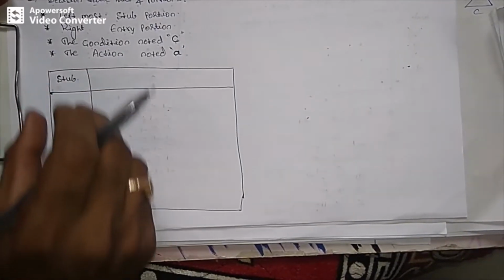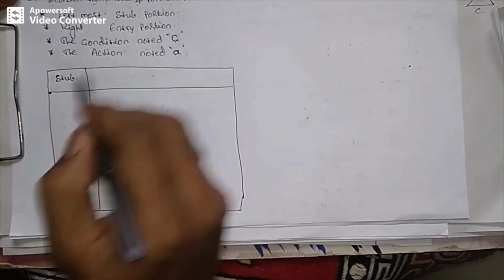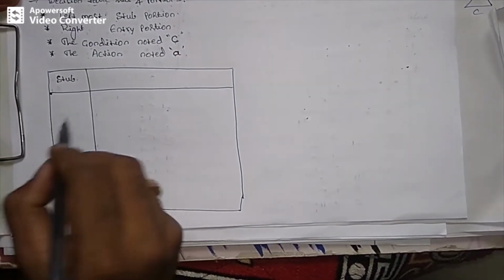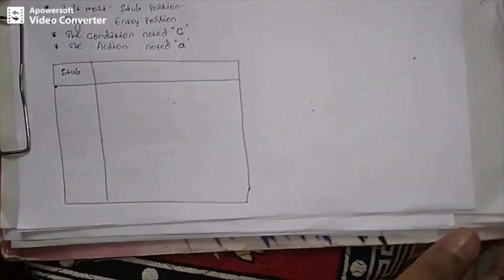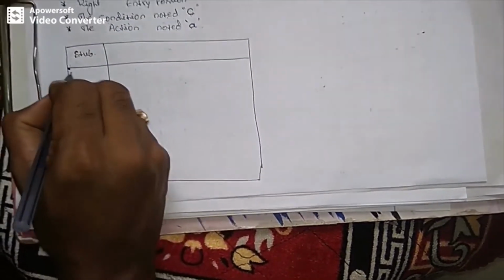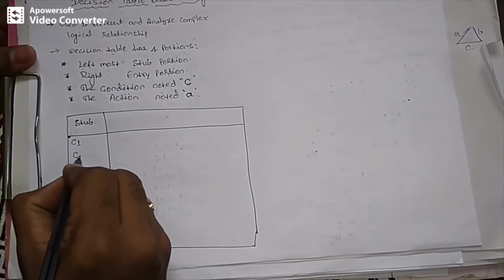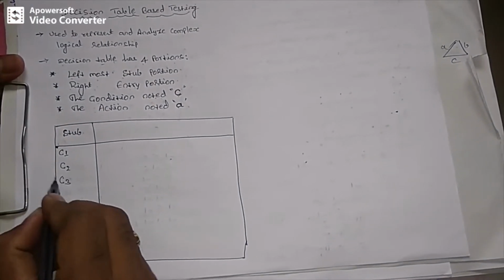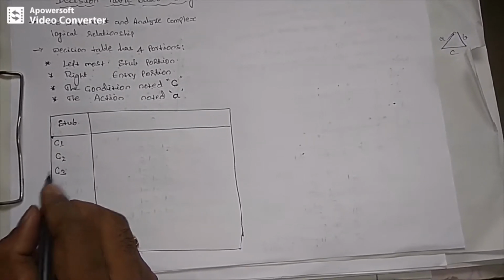This stub portion is split into 2 categories, or 2 rows: one is the condition portion and the second is the action portion. The conditions are represented by a small c, like C1, C2, C3, C4, in that order.